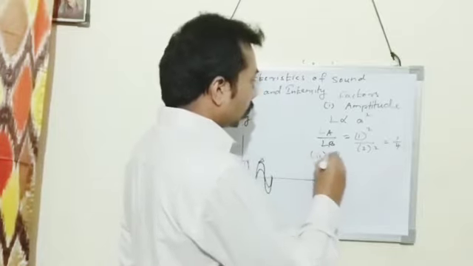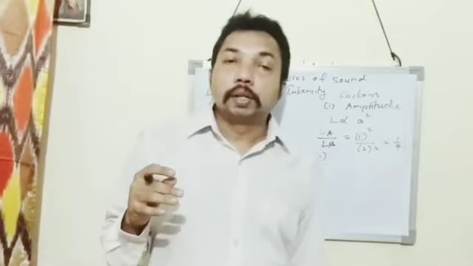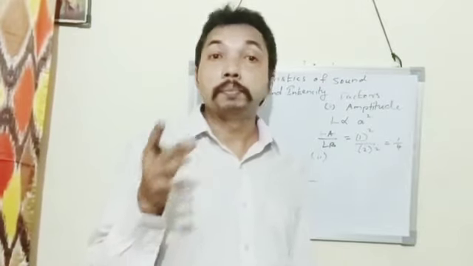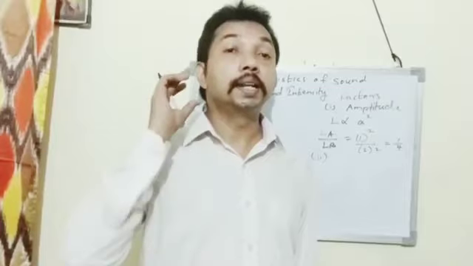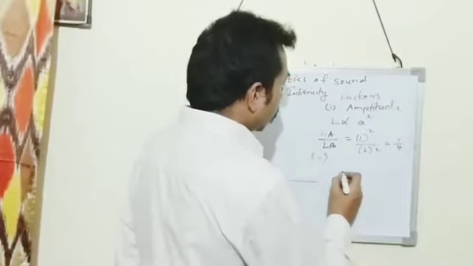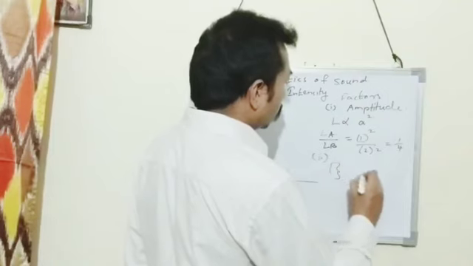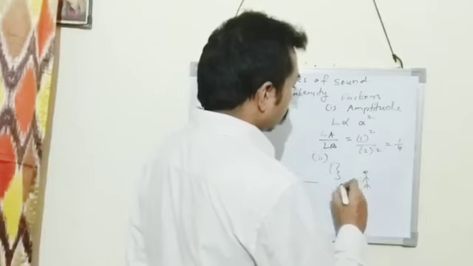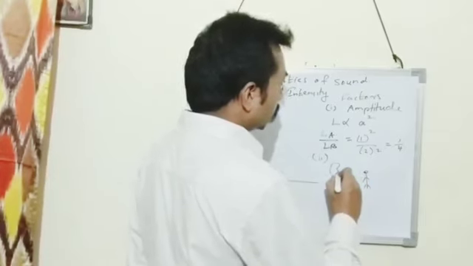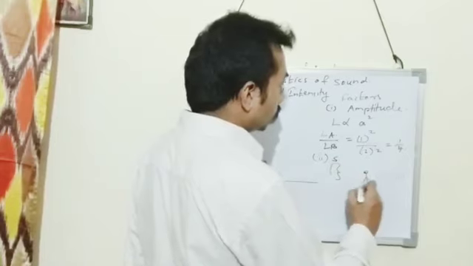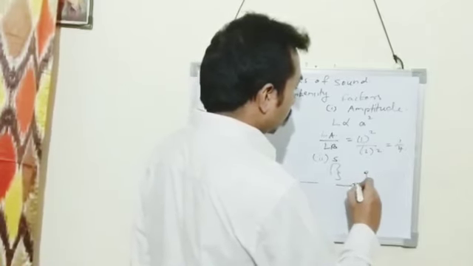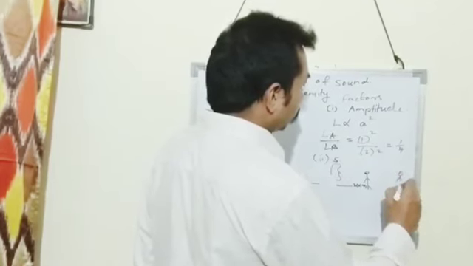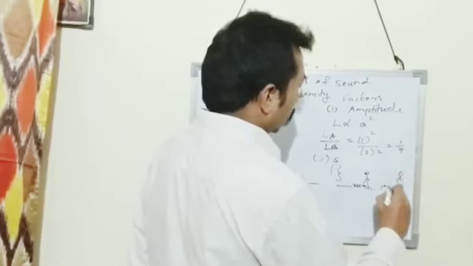Another factor: loudness is inversely proportional to the square of the distance between the source and the listener. Suppose this is the source and this is one listener at a distance of 20 centimeter, and another one is standing at a distance of 100 centimeter.